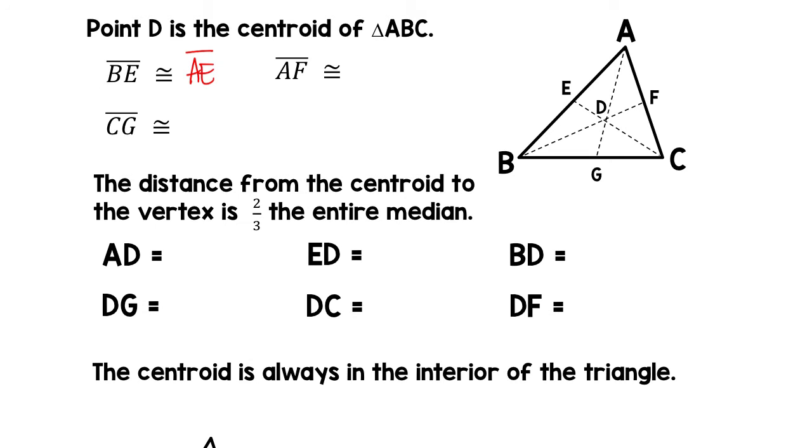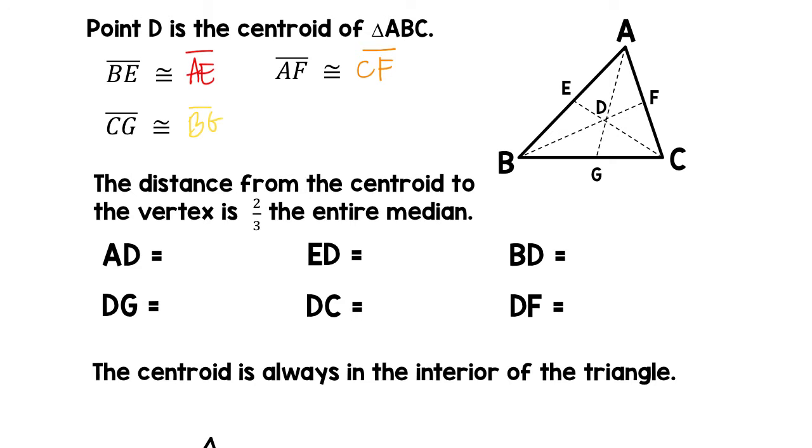We have segment AF congruent to CF because line BF is a median. Lastly, we have CG congruent to BG because AG is a median.